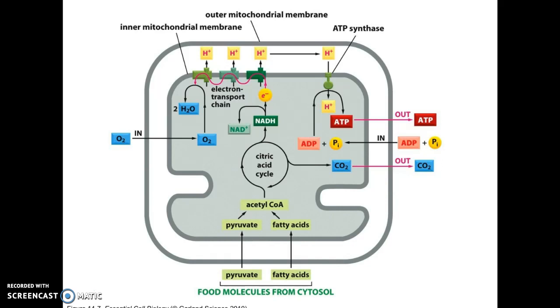I suggest you watch both videos and become really comfortable with how the citric acid cycle works and how the electron transport chain works, so that you can understand how molecules from food lead to acetyl-CoA entering the citric acid cycle and generating NADHs that drive the electron transport chain, that create the proton gradient that drives the ATP synthase.